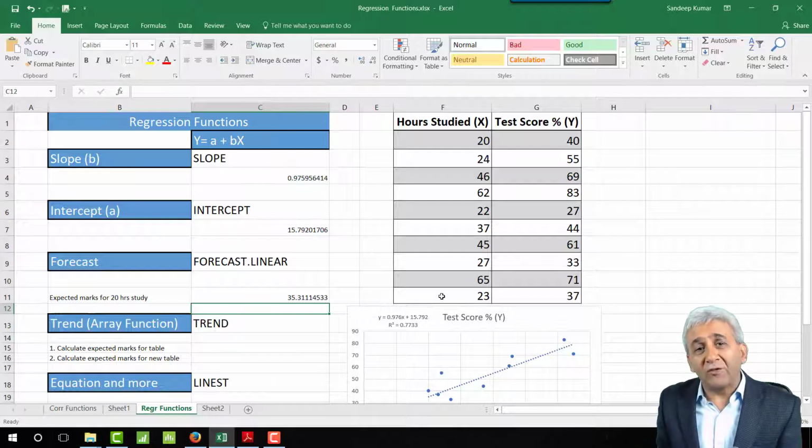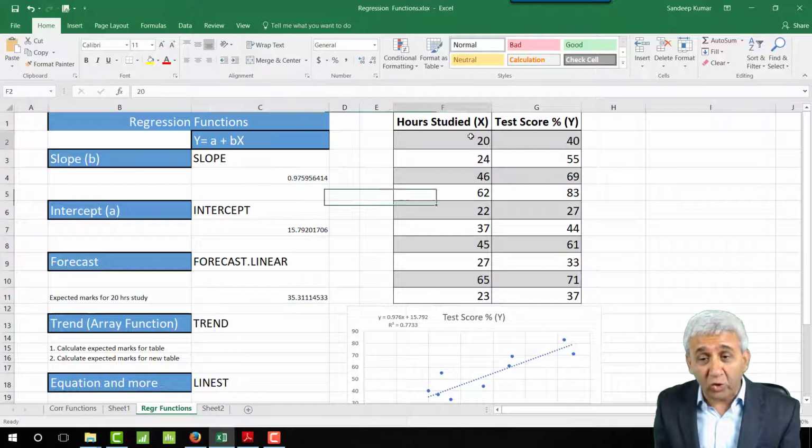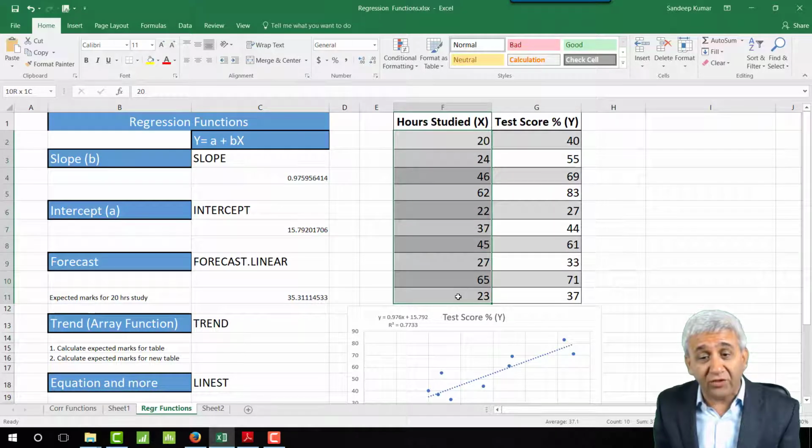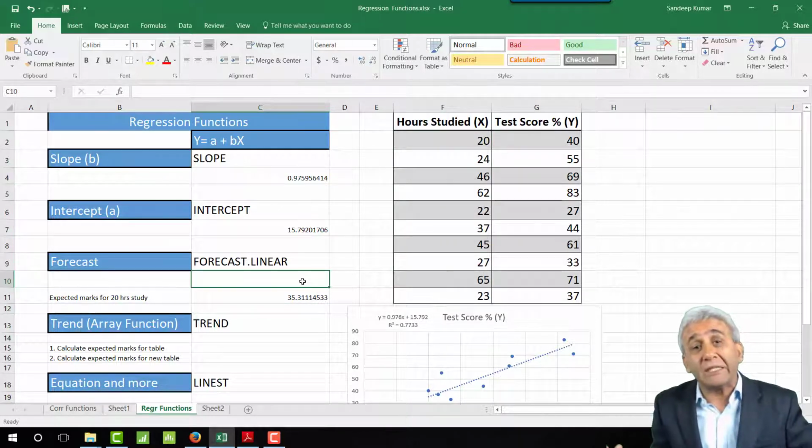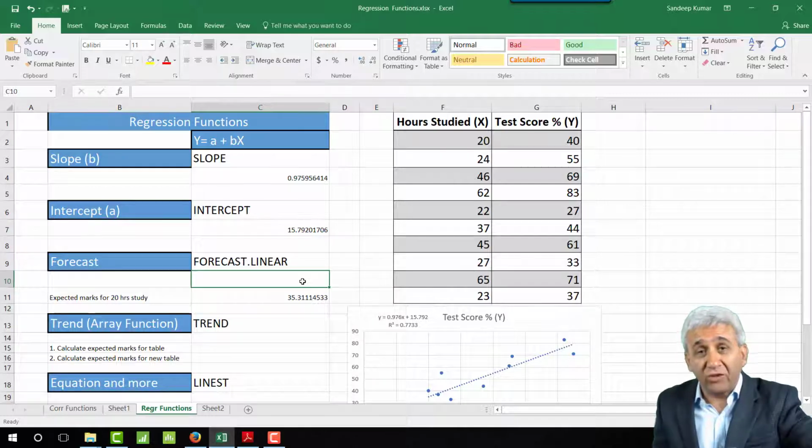What will happen if this student studies for, let's say, 2000 hours? You don't see 2000 hours studied here in this data, but let's hypothetically put that value here. If this student studies for 2000 hours, how many marks will this person obtain?